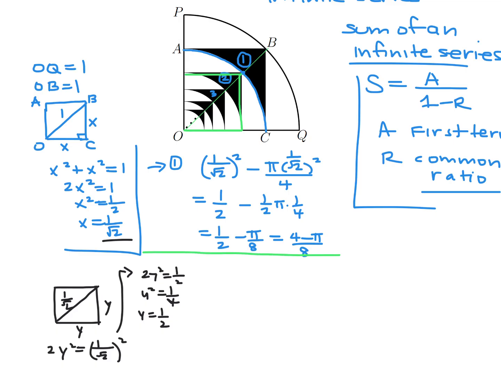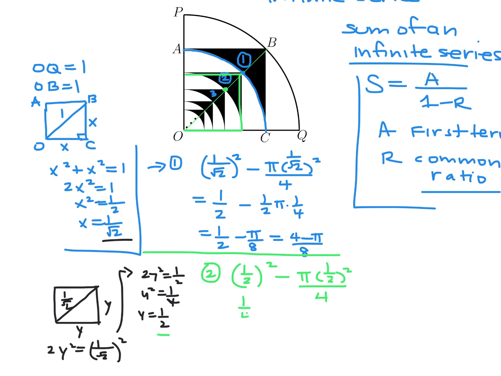Now we can figure out region 2. That shaded region is going to be the area of the square, which would be 1 half squared, minus pi r squared over 4. Now what's r in this case? R is the distance from the O to here, right? And that is the same as the side of the square, which we just figured out to be a half. So there we go.